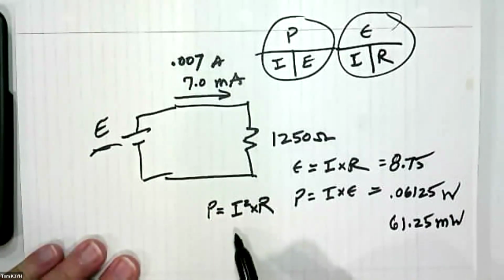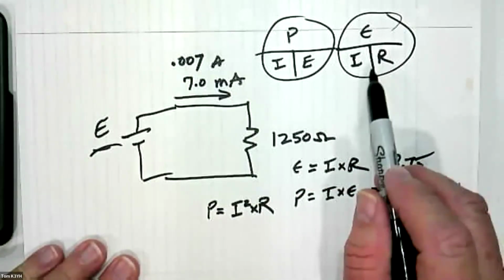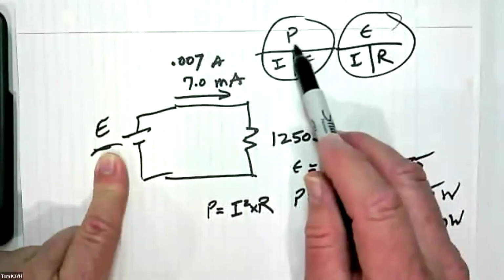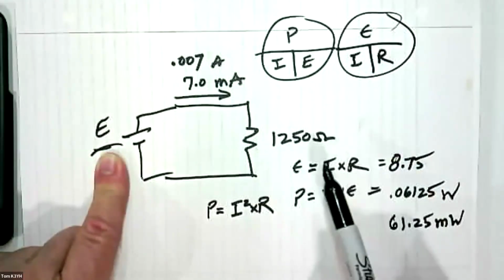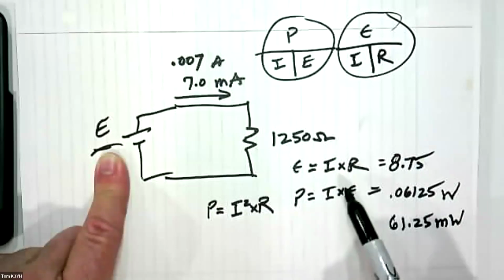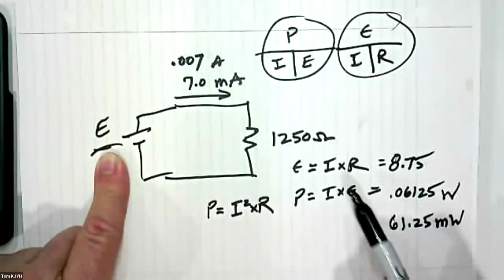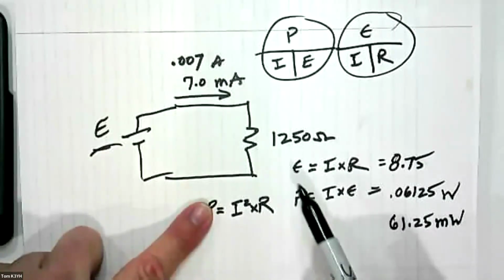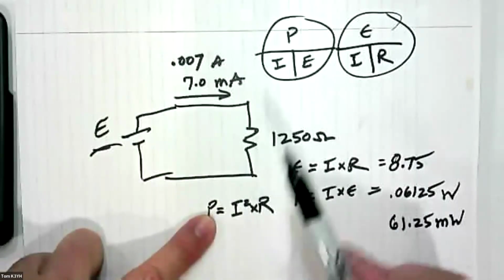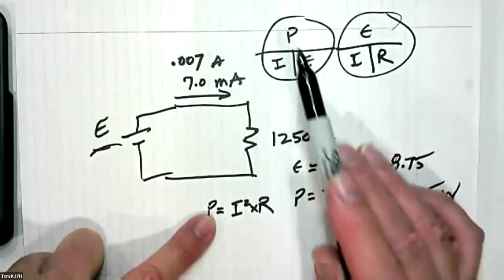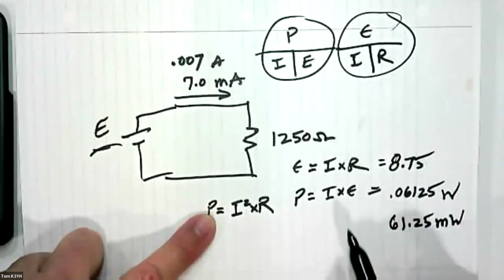You don't have to remember it if you can draw these two circles. You say, I need to calculate the E first, and then I can do I times E to get power. Essentially, that's what these two equations do. If I took this E equals I times R and substituted it here for E, I would get I times I times R, or I squared R. To get to that equation, you do the two steps that I did here: calculate the E, and then calculate power using I times the E you calculated.